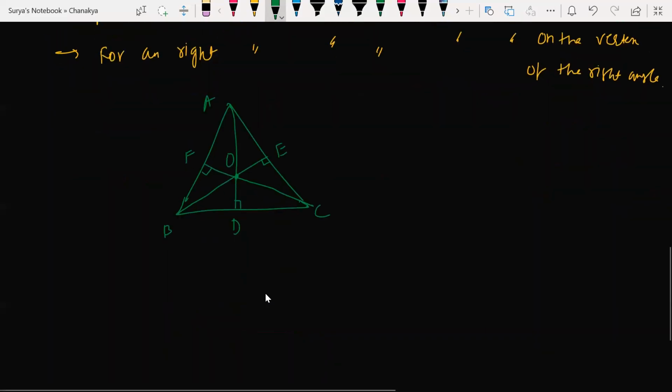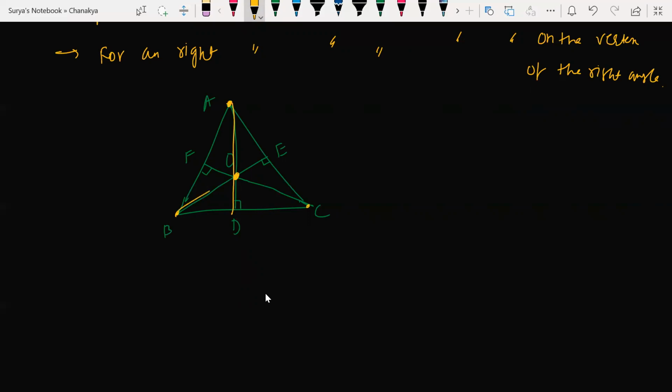Now the point O is this. See, perpendiculars are drawn from the vertices A, B, and C: from A to BC, B to AC, C to AB. What is the opposite side of A?